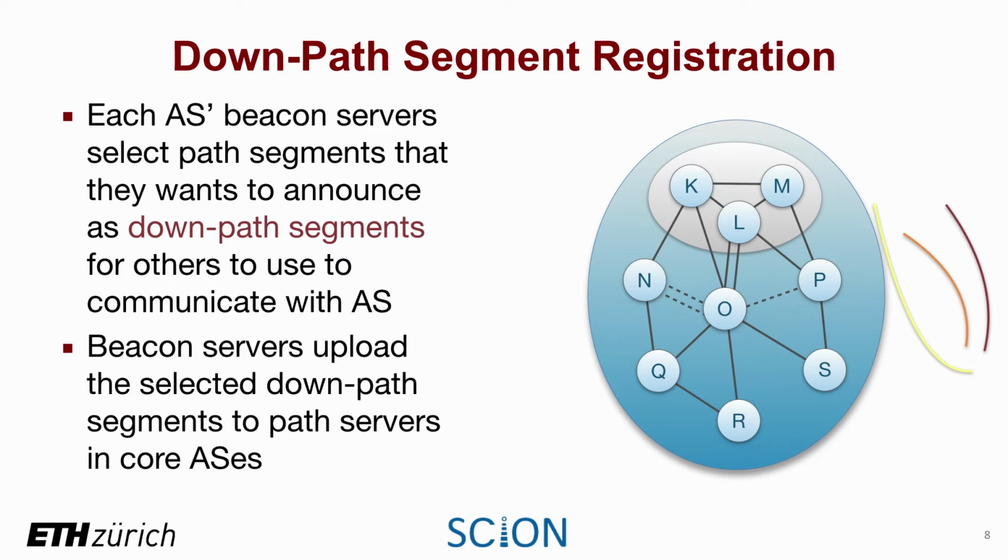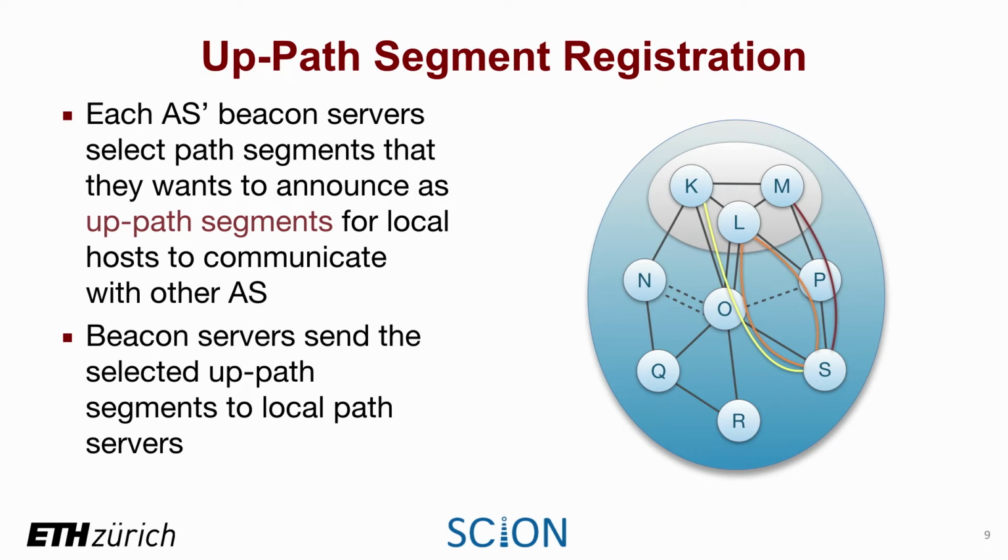So for instance, it takes the first path and decides, yes, it wants to maintain this path. Also the second and third path, but the fourth, one of the orange paths, it decided not to select and not to upload. All the paths that are uploaded to a core AS then are being distributed within all the core ASs, as I'm going to discuss later in this video.